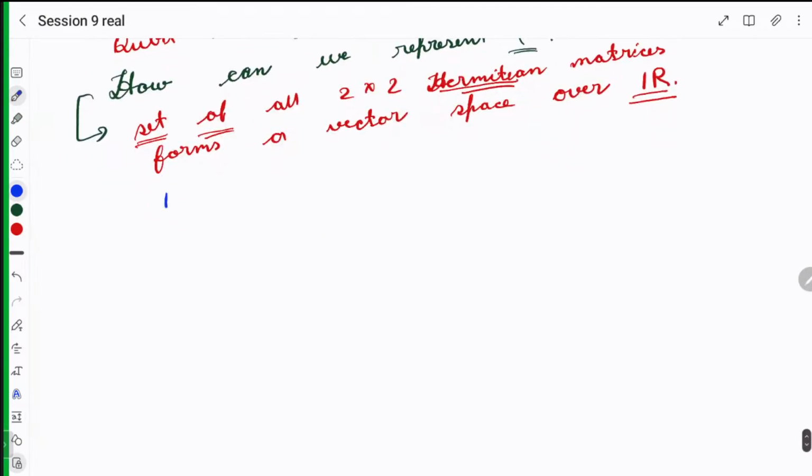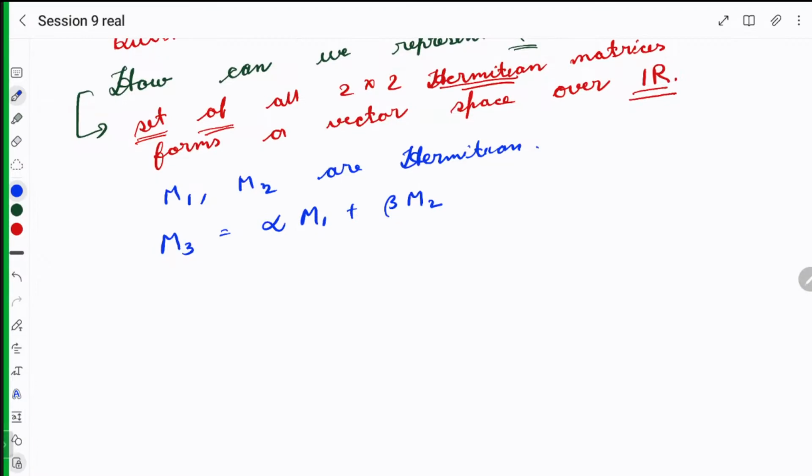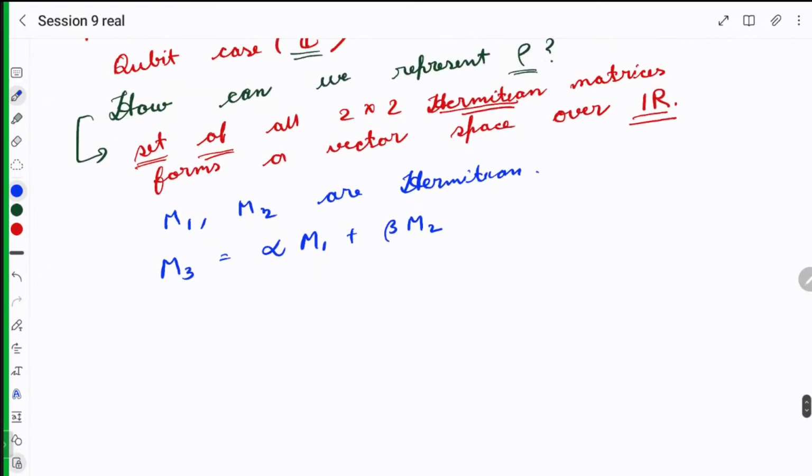Let's say M1 and M2 are Hermitian, and let's take M3, which is alpha M1 plus beta M2. M1 and M2 are Hermitian, what does that mean? That means M1 dagger is equal to M1 and M2 dagger is equal to M2, right? That is the meaning of Hermitian.